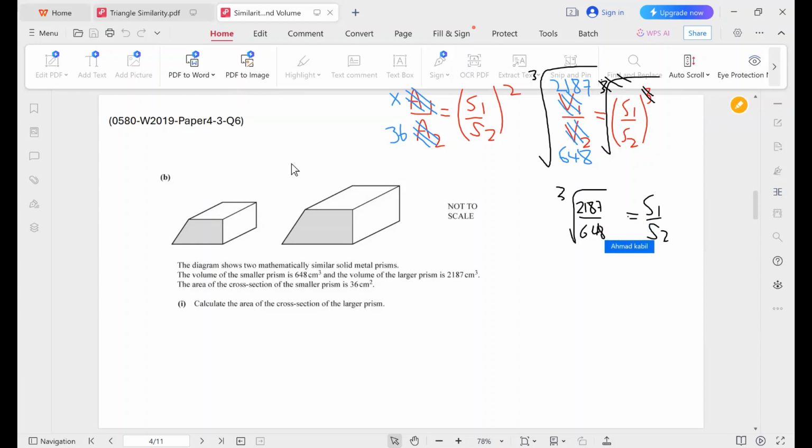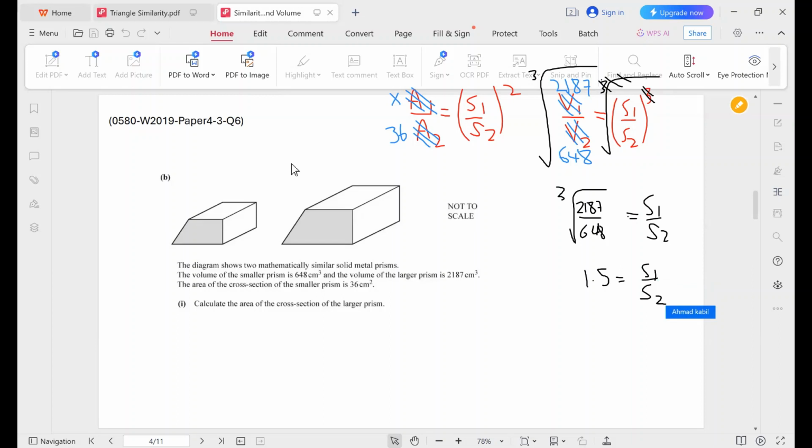You can use the calculator to evaluate this fraction. So cubic root and fraction button, and then 2187 in the numerator, 648 in the denominator, you get 1.5 again. So 1.5 equals S1 over S2.